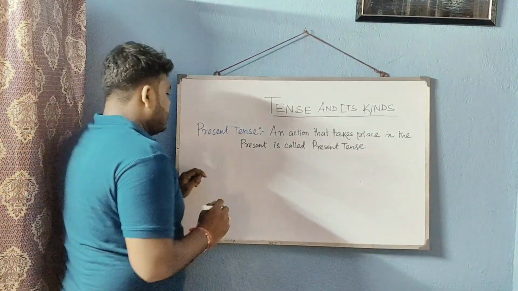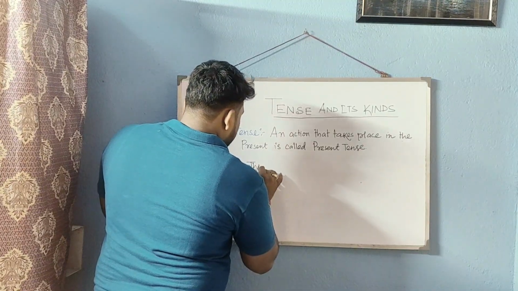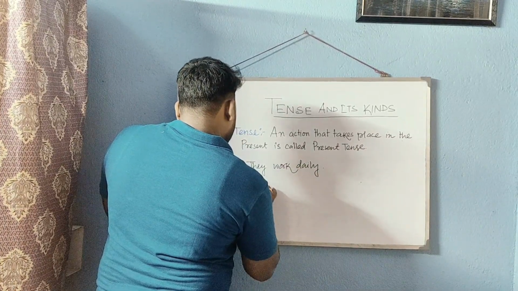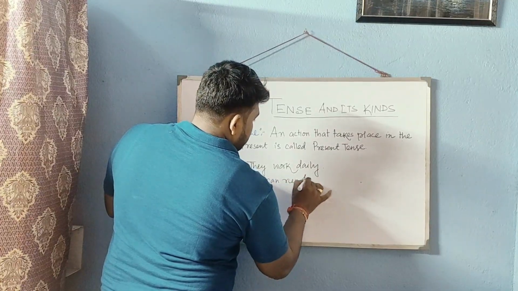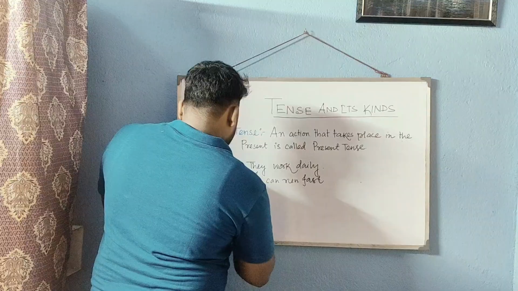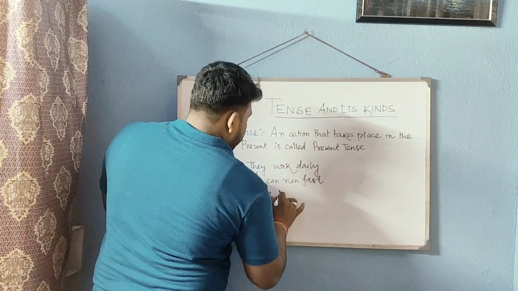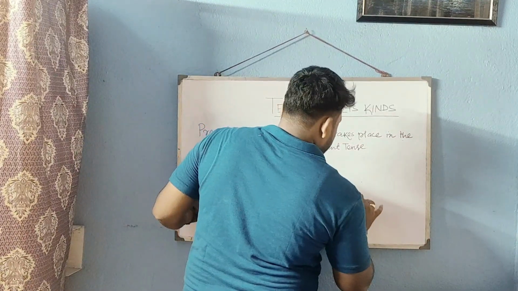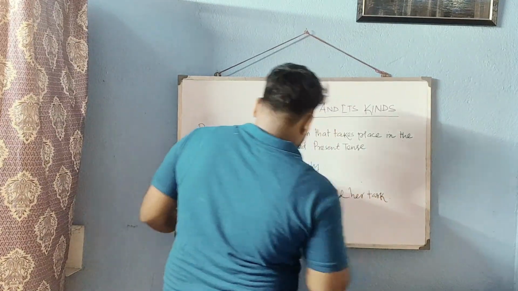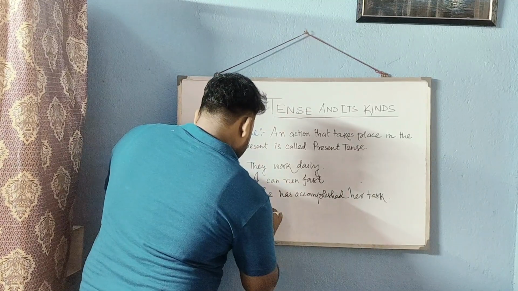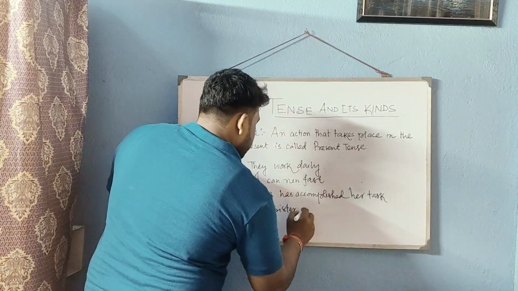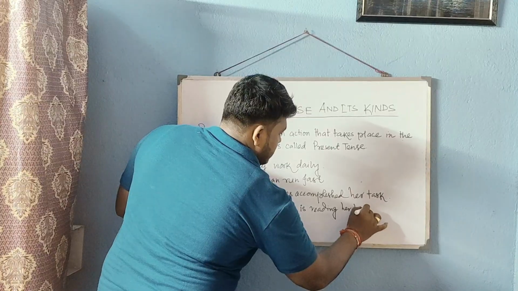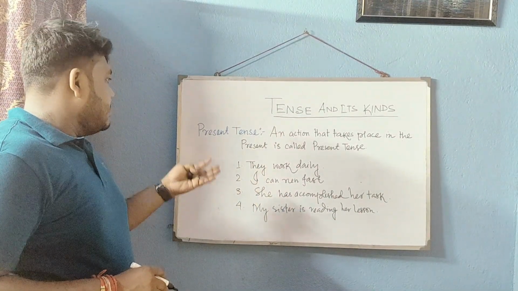The examples of present tense are: they work daily, I can run fast, she has accomplished her task, my sister is reading her lesson. So all these are examples of present tense.